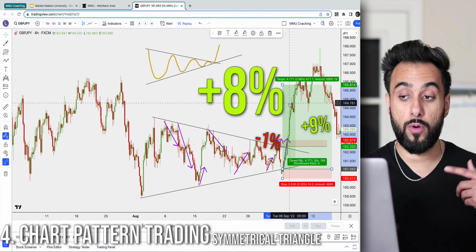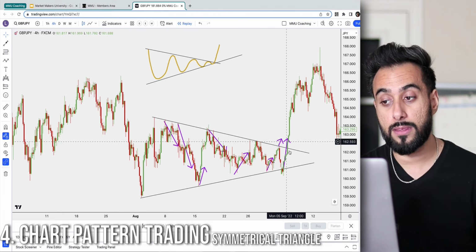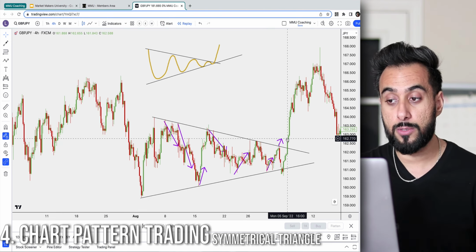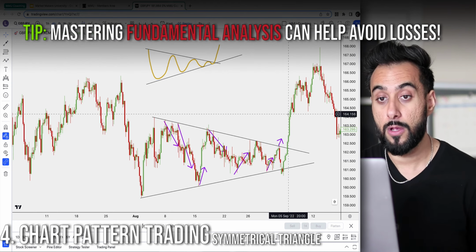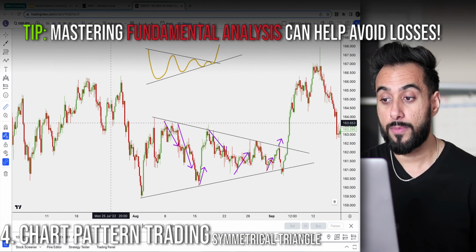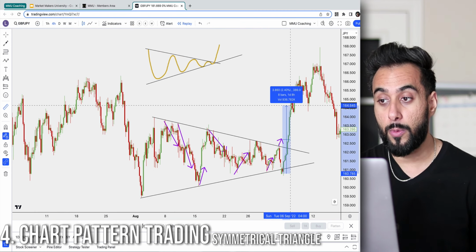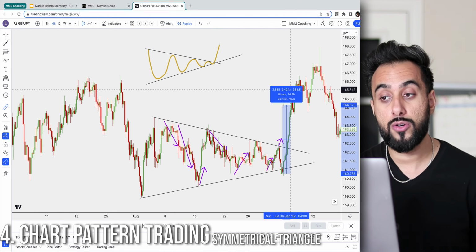Now, to go on a little bit further and a little bit more advanced, if you are someone that is looking at fundamental analysis, you can clearly tell which way the market is going to react, because this reaction was created through some sort of fundamental analysis news. Within the span of 4 hours, the market went from here all the way to here in one day, 388 pips.